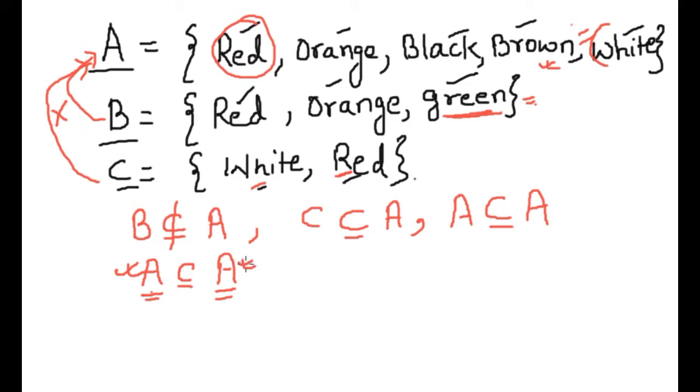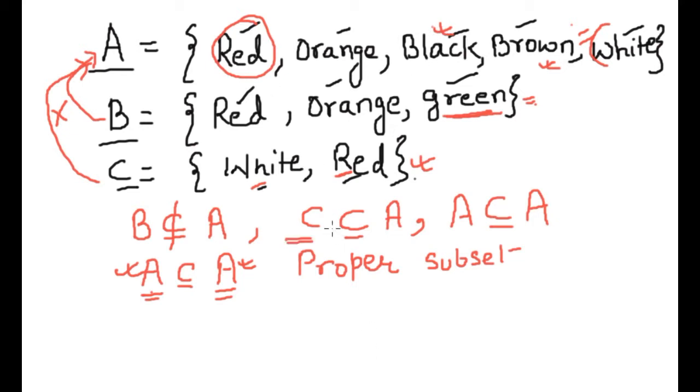Now this is the reason proper subsets develop. Proper subset means all elements of subset should be available in the main set, but the subset can't be equal to the main set.